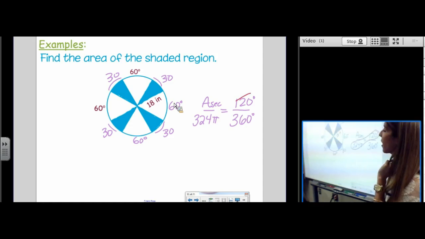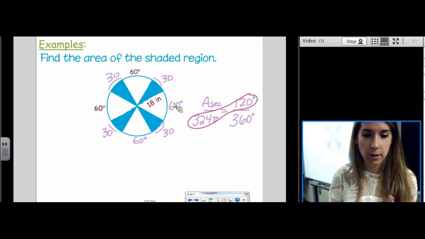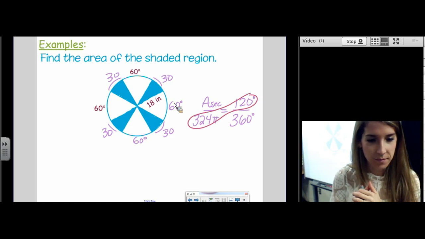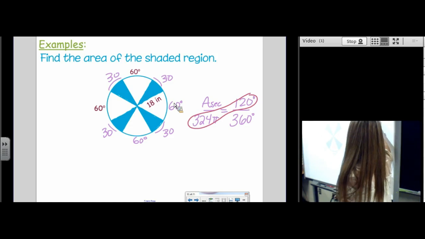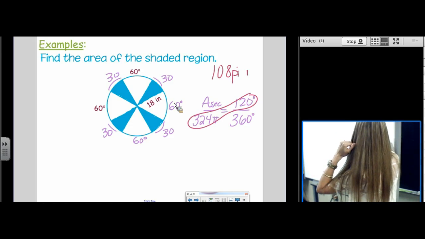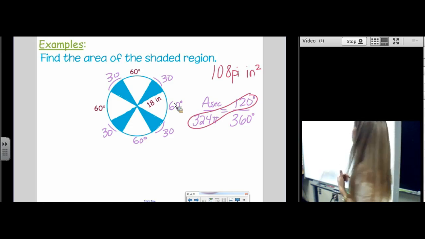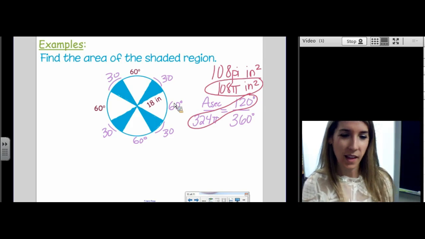So what is the area of the shaded region? Tahir, that's not fully right. Yes, good. 108 pi. Square inches. Cool. Keep going.